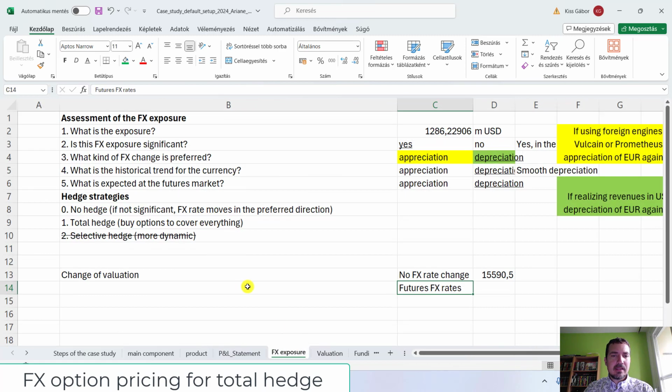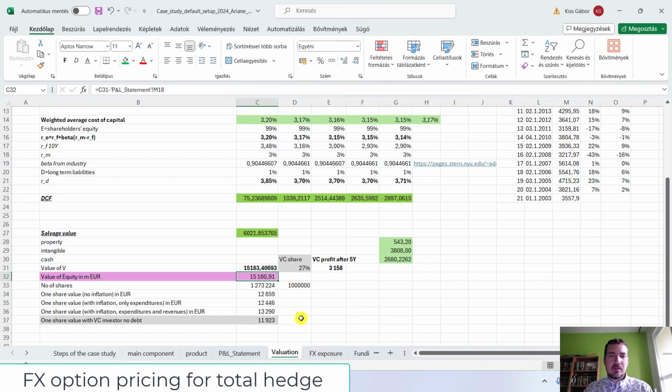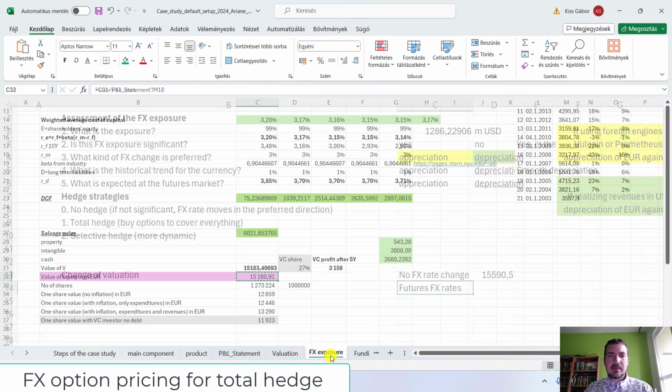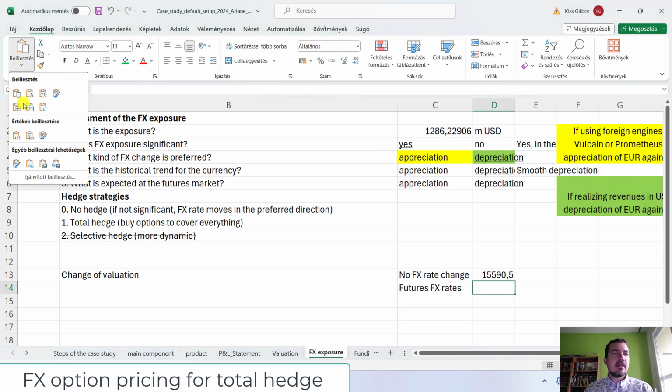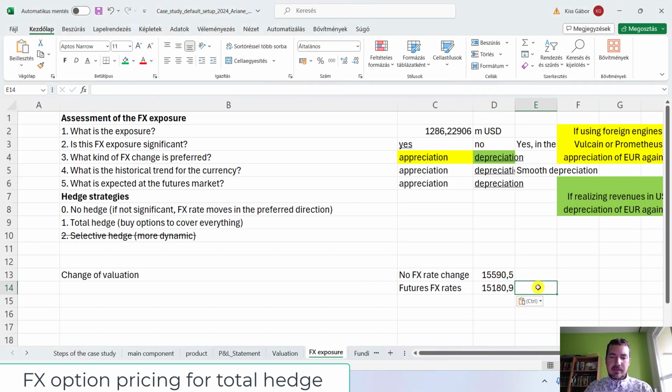Now we have the data and the information, so let's see the performance of valuation here. We can see that valuation dropped a bit.